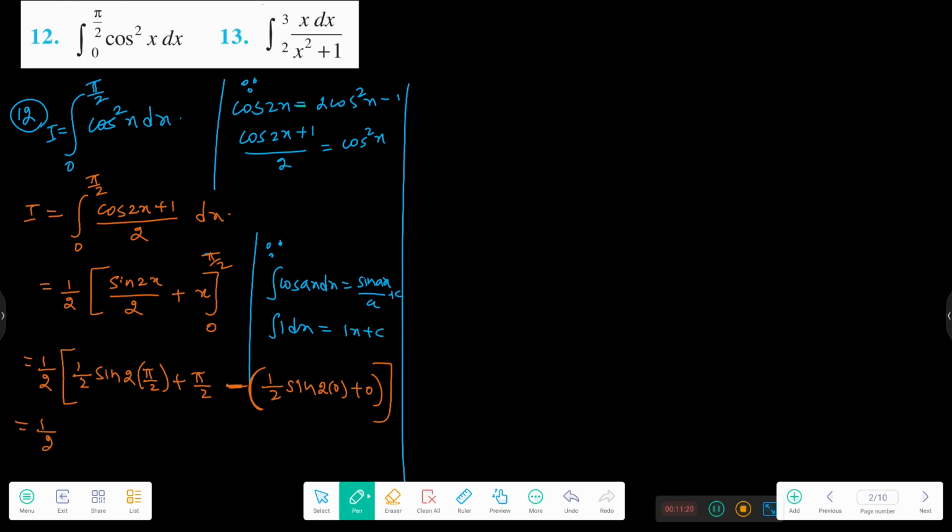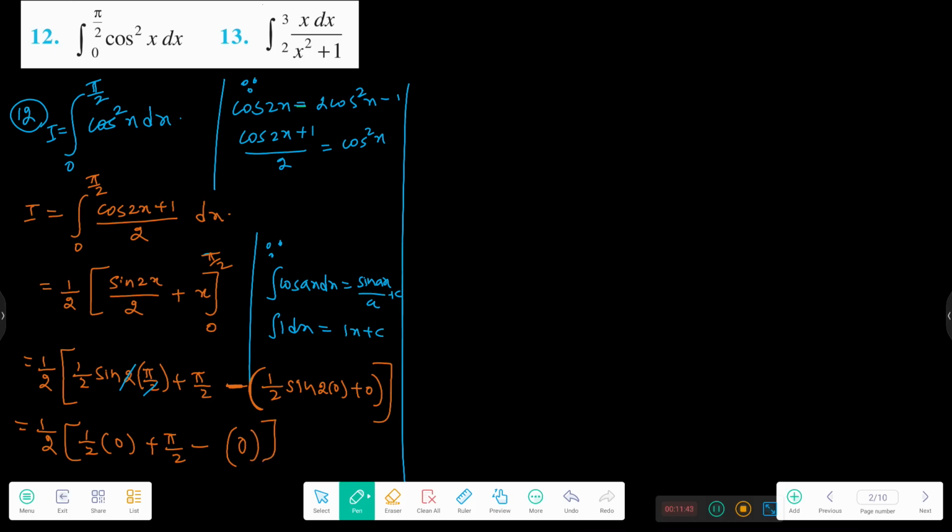So commonly we have 1 by 2. Here you can cancel 2 one time. That's it. So 1 by 2 into sin pi. Sin pi what? 0, plus pi by 2 minus sin 2 into 0, which is 0. Then fully it will become 0.